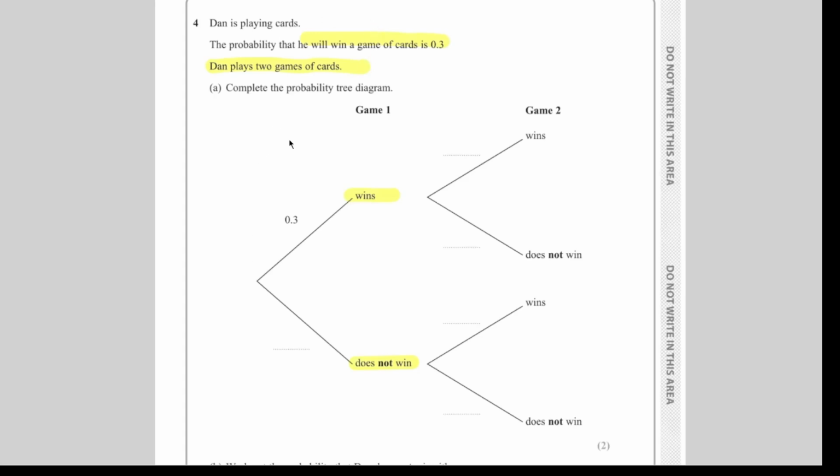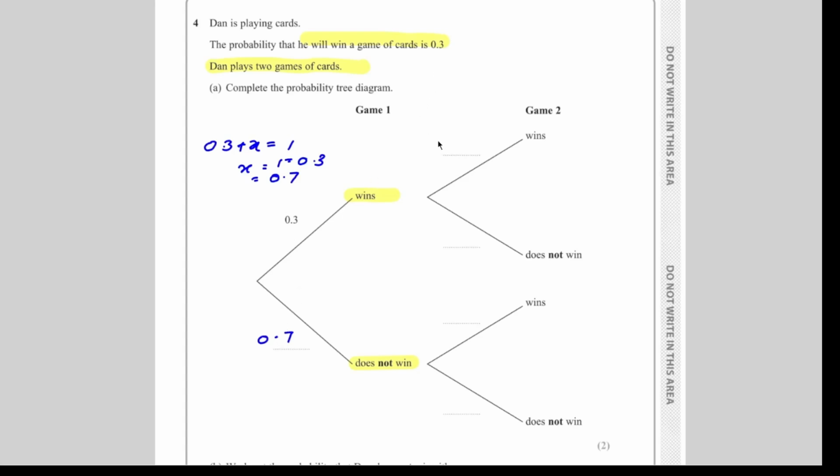Then we can write here 0.3. Therefore, x can be taken as 1 minus 0.3, which gives 0.7. Then we can get this one as 0.7 because they add up to 1.